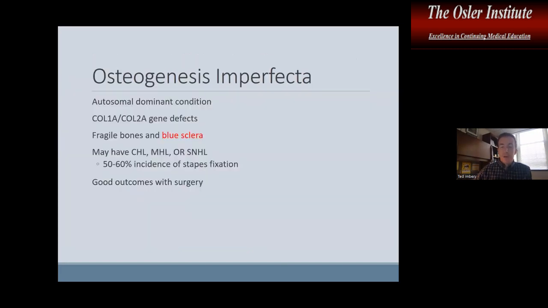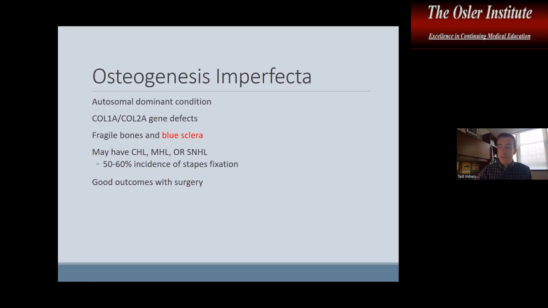Osteogenesis imperfecta. Classically, the pathognomonic finding is the blue sclera, but this is an autosomal dominant condition, and it's related to defects of the COL1A1 and COL1A2 genes, which results in fragile bones.